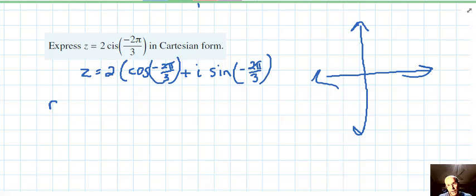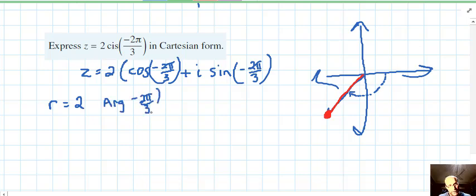Now it's gone in a clockwise direction by 2 pi on 3 radians, so it's around there. So that's 2 pi on 3 going in a clockwise manner. So R, we've got to find R. R is 2, and arg z is negative 2 pi on 3. We've identified those.